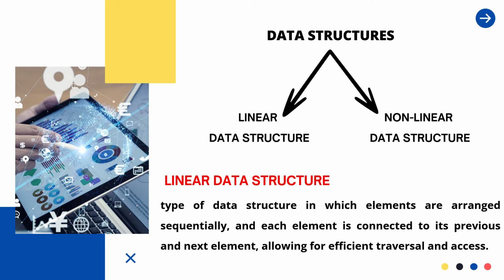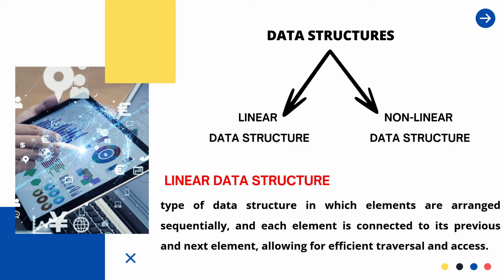As I mentioned before, today our topic is linear data structures. We can define it like this: a type of data structure in which elements are arranged sequentially and each element is connected to its previous and next element, allowing for efficient traversal and access.